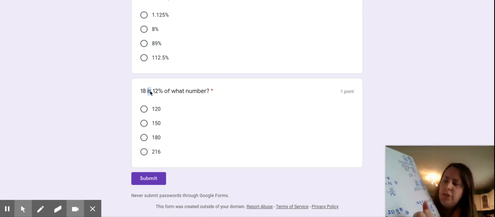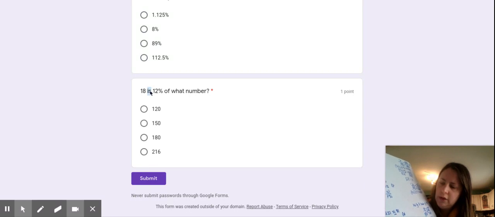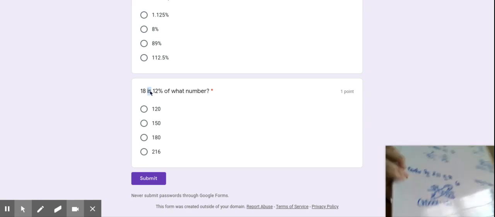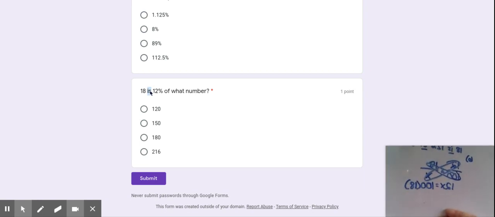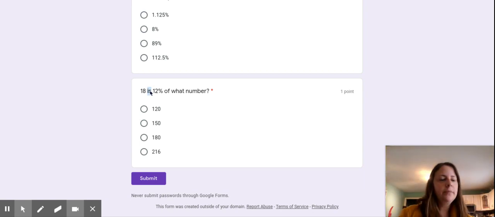You're just going to do this one exactly like you've done the rest. 12x equals 100 times 18, and then divide, and you will get your answer.